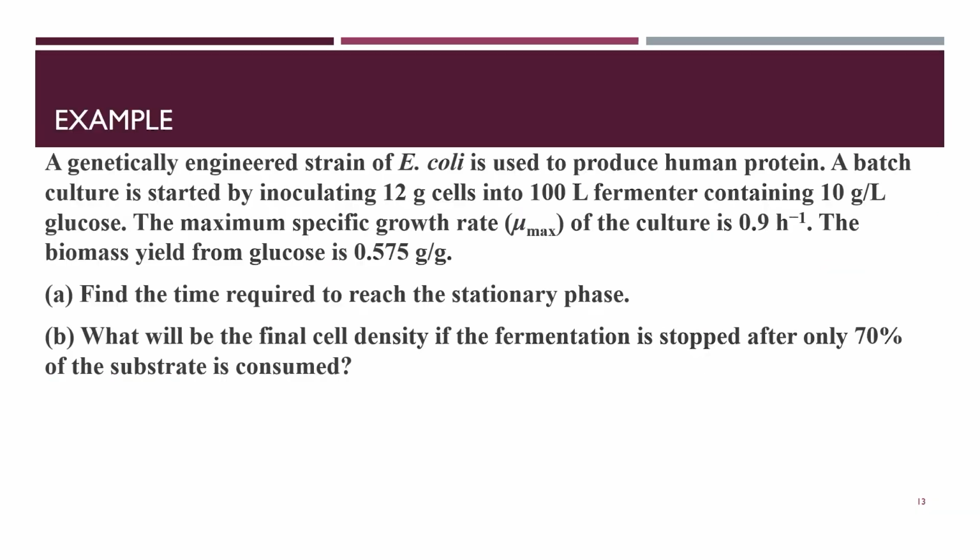Now, we will see one example here. A genetically engineered strain of E. coli is used to produce human protein. A batch culture is started by inoculating 12 gram into a 100 liter bioreactor.